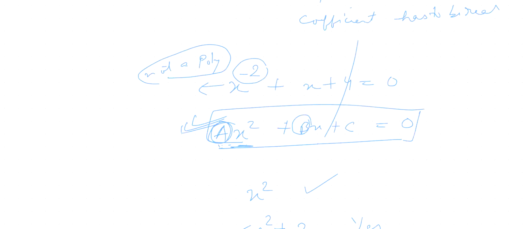So all real numbers except zero. Otherwise, you will not have a term with the highest power, which is ax square. This is the condition for a quadratic. You can have b and c be zero, that is okay. But a, b, c have to be real, of course. And this a cannot be zero. Otherwise, it won't be a quadratic.